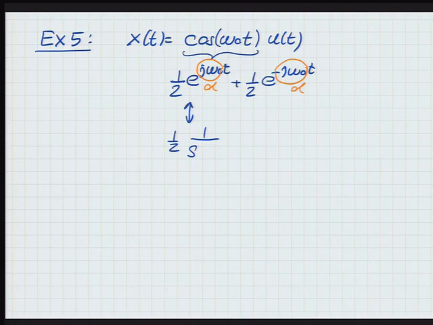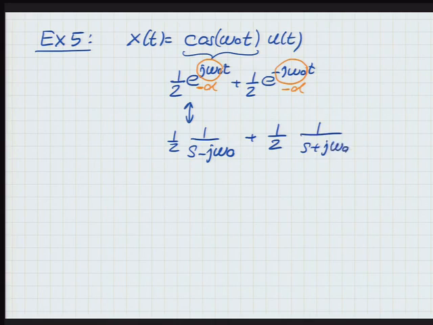Oh, actually, I'm sorry. This is negative alpha, right? To be consistent with example 1, because we had e to negative alpha t. So this is negative. Okay, now tell me. It would be s plus alpha from example 4, but alpha is negative j omega naught, right? And for the second part, I'll have s plus, because alpha is now positive j omega naught, right?